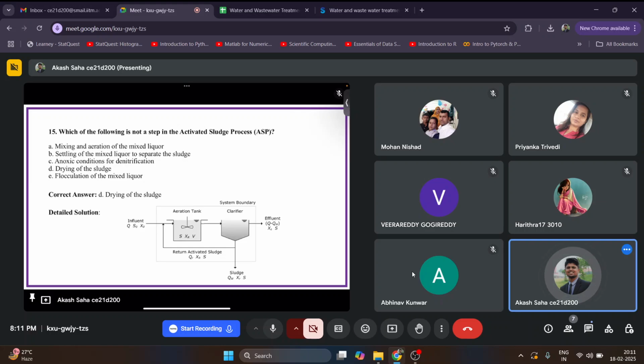Then drying sludge is not a part of the ASP, and flocculation of mixed liquor can also happen in the clarifier. So drying is outside the scope of the activated sludge process. Though it is a part of the whole treatment system, it is not within the activated sludge process.